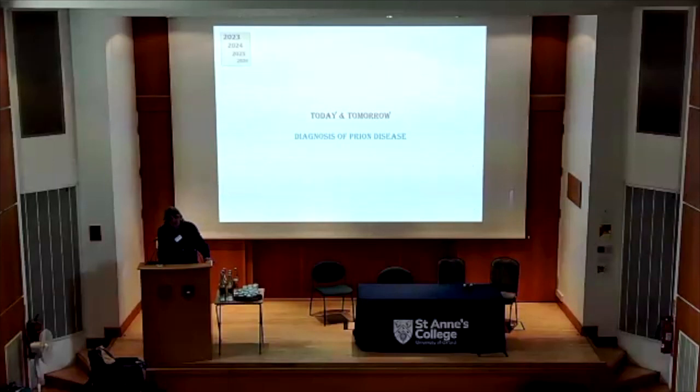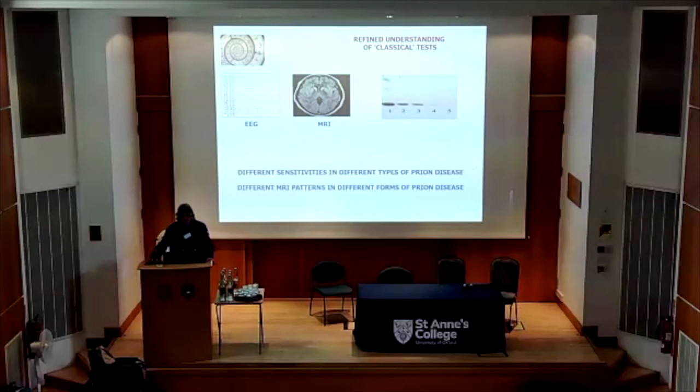So what about where we're going with diagnosis? Well, I mentioned these classic diagnostic tests, which remain useful, but I think we've also enhanced their utility because we now understand that these tests have different sensitivities in different types of prion disease. So the MRI in sporadic and variant CJD is somewhat different.